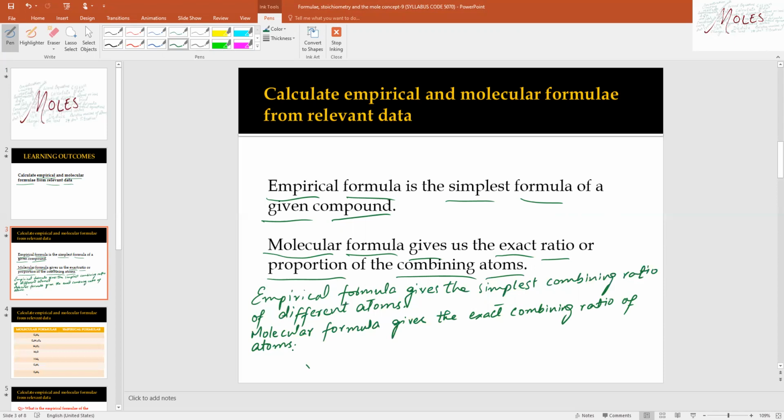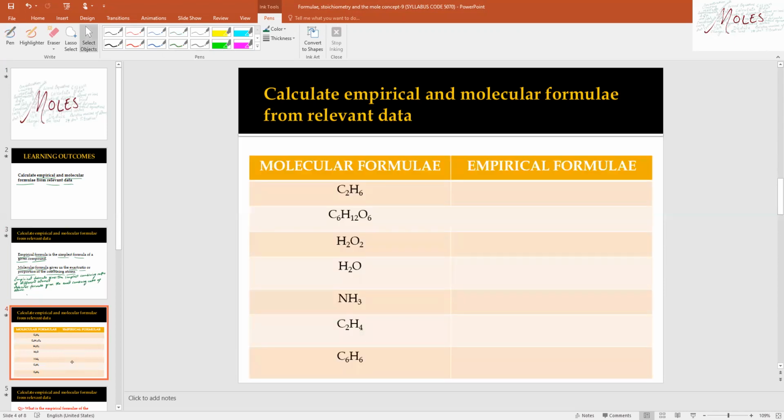Let's work out the empirical formula of the following compounds. What we will do is that we will either divide all the big numbers for different atoms with the smallest numbers, or try to simplify all the numbers to get the answers in whole numbers.